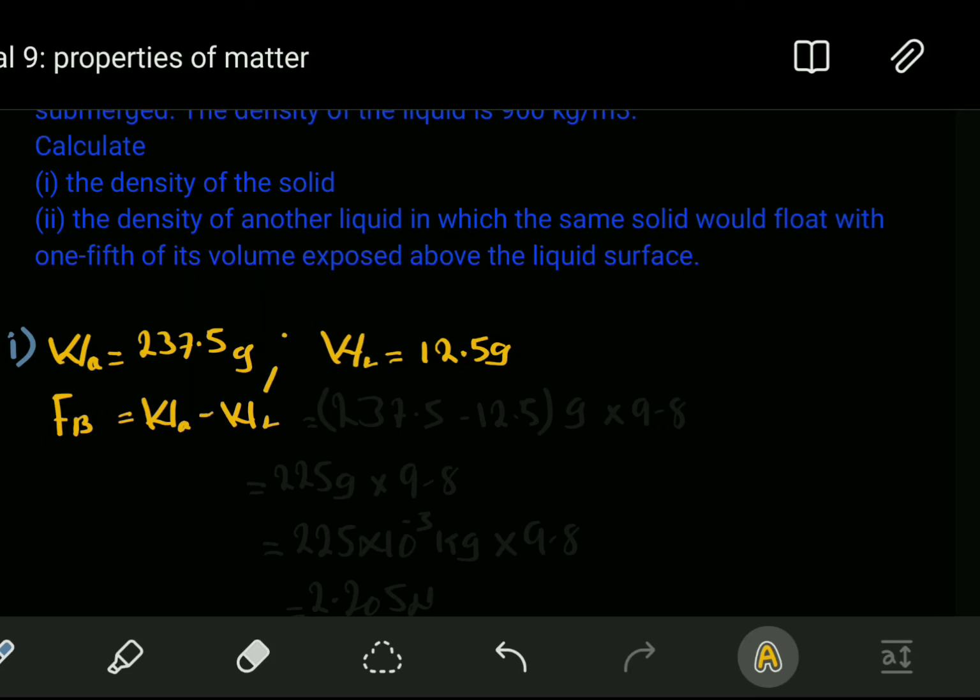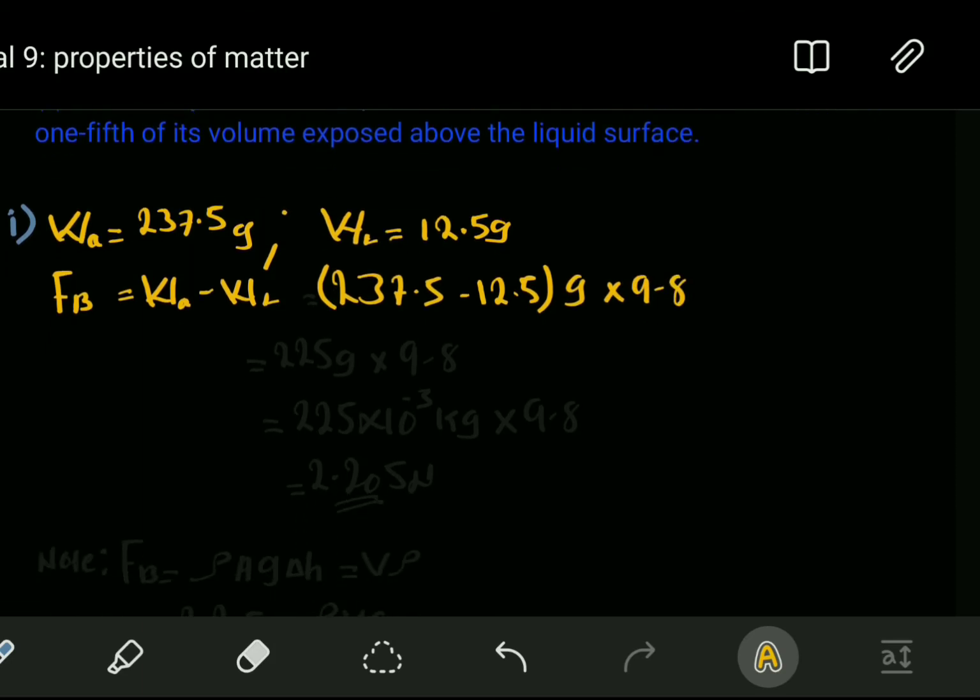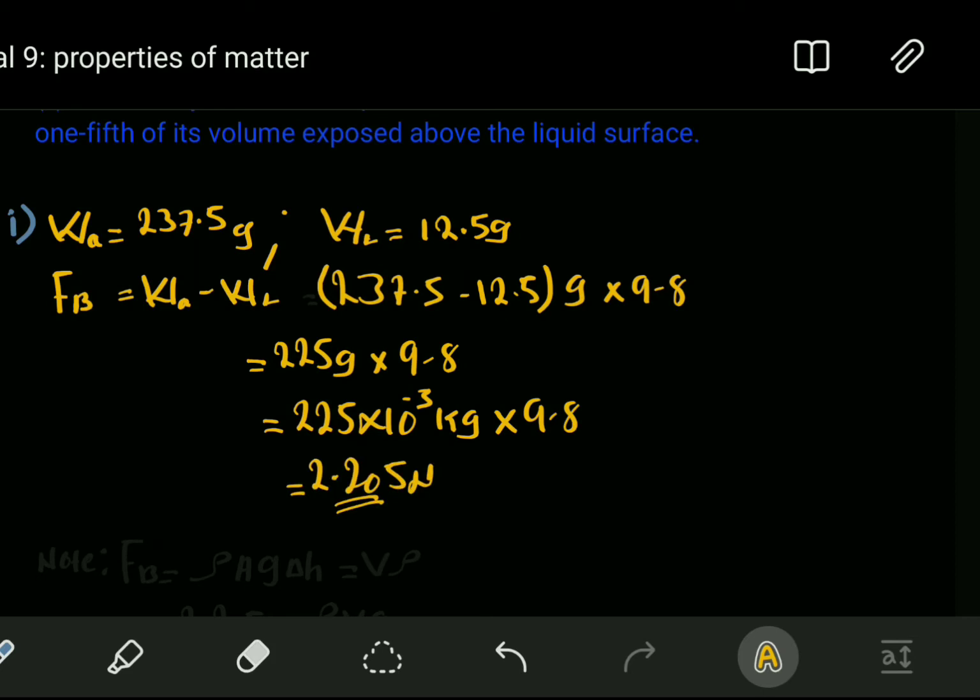So now we have the mass, which is 237.5 minus 12.5 grams times 9.8. Okay, so we have to convert this into kilograms, by the way, standard units. So we're going to have 225 grams times 9.8, which is the same as 225 times 10 to the minus 3 kg times 9.8, giving us the buoyancy force as 2.205 newtons.